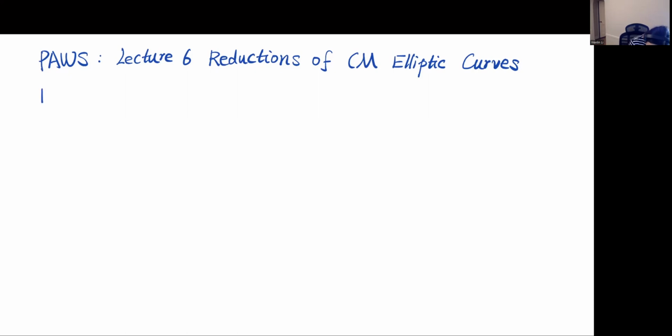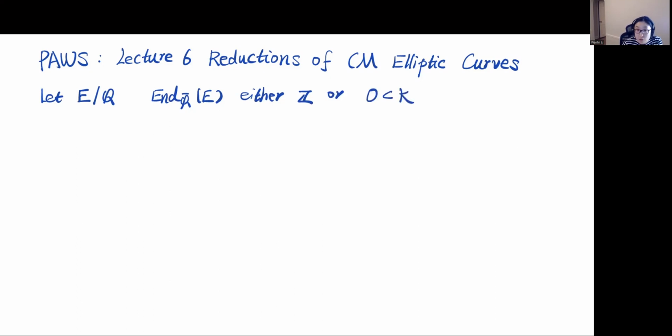So recall that if I have an elliptic curve E defined over a number field, over Q for example, then the endomorphism ring over Q bar of E is either Z, or E has complex multiplication, namely it is an order in an imaginary quadratic field, right?